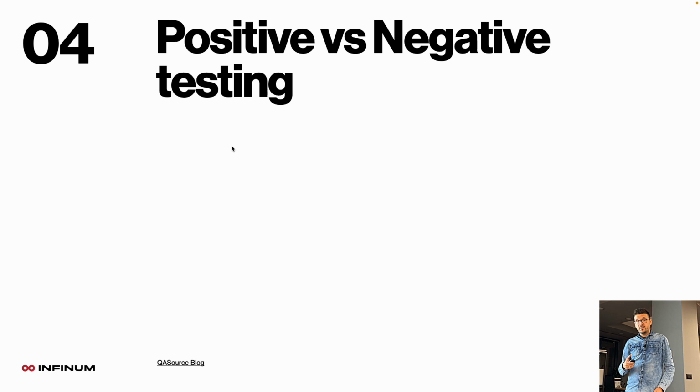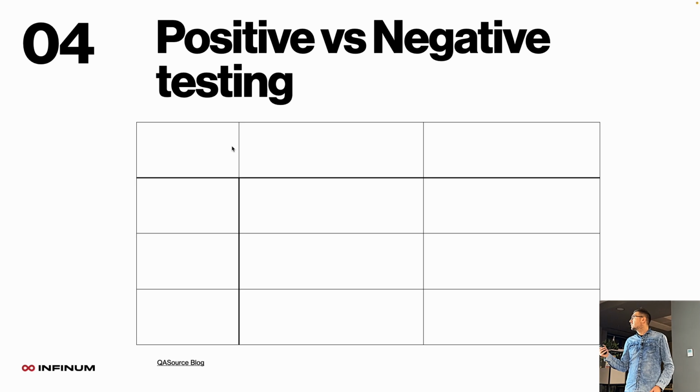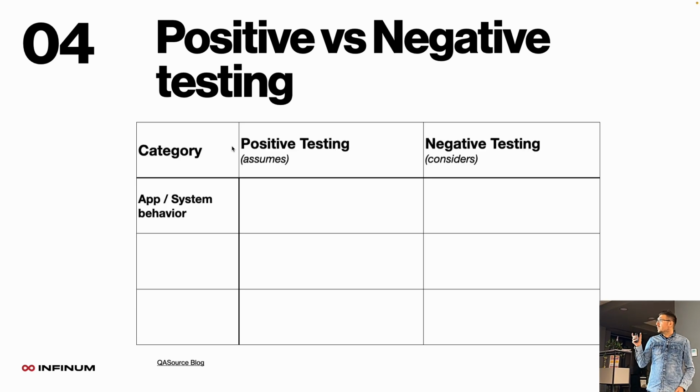Knowing this, and as I already mentioned in my agenda, we will do a comparison between negative and positive testing. It is good to mention that positive testing comes with the verb assumes, while negative testing considers. The first category is the app or system behavior.